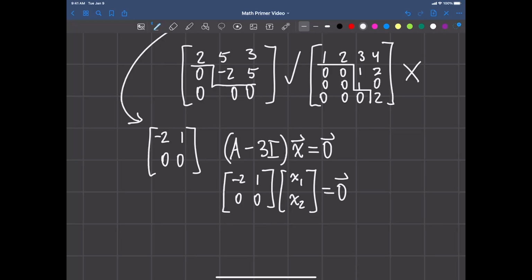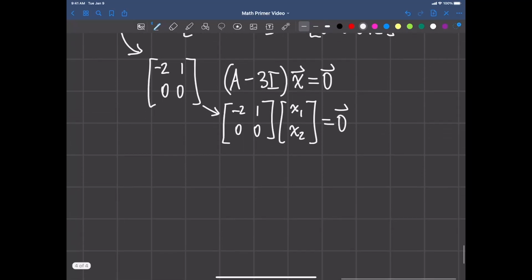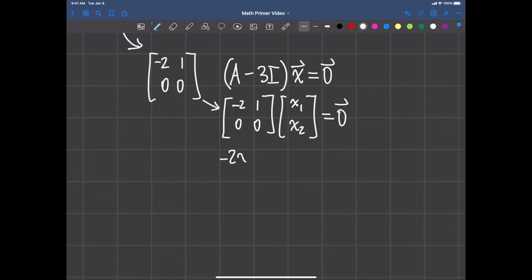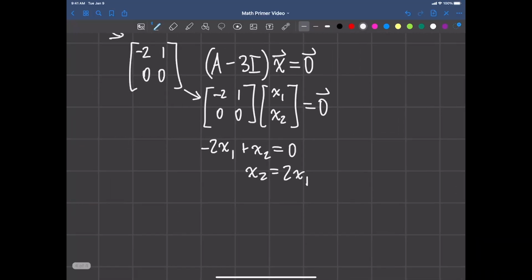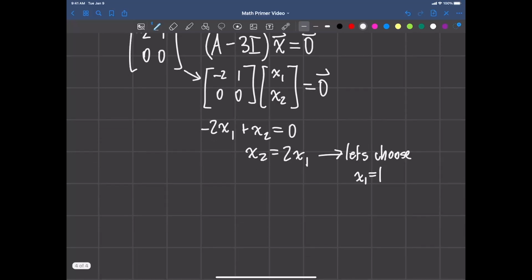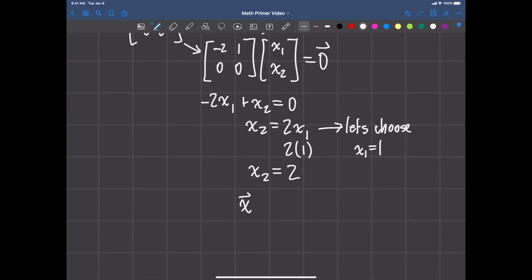What we get is, when we multiply these out, we get negative 2x1 plus x2 equals 0, x2 equals 2x1, and if we choose x1 equals 1, then we get x2 is equal to 2, and thus the eigenvector x is equal to 1, 2.